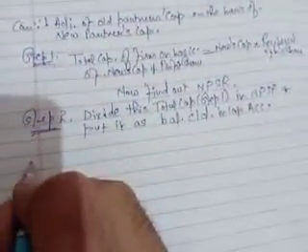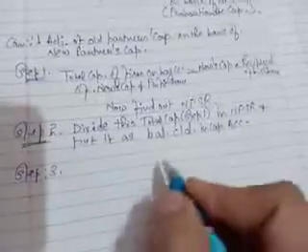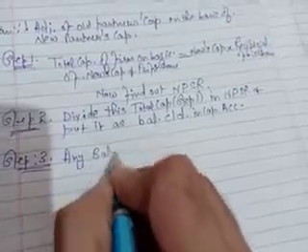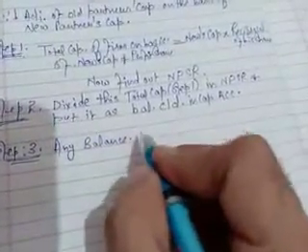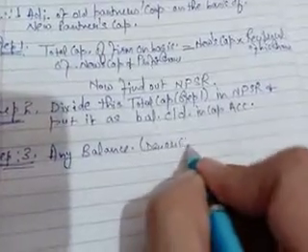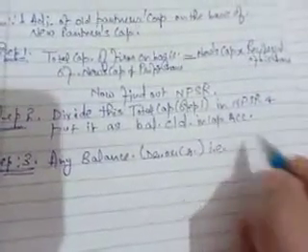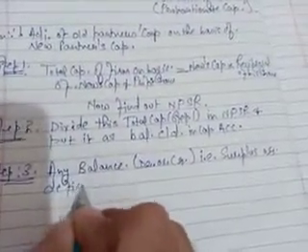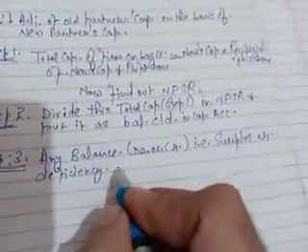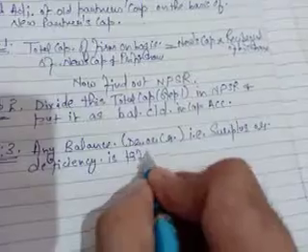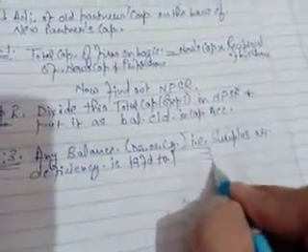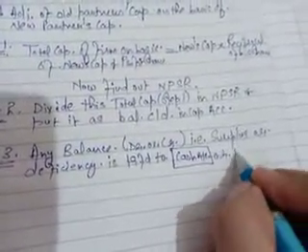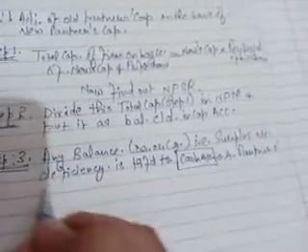Okay, and then coming on to the last step, step 3, any balance, maybe it's a debit or credit balance, that is surplus or deficiency, whatever the case is transferred to either cash account or partner's current account.